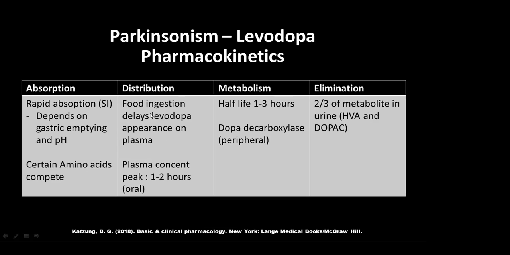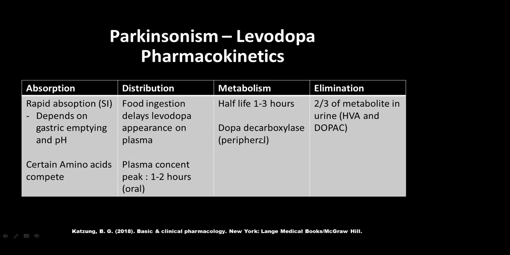Remember that food ingestion delays the appearance of levodopa in plasma. For the metabolism, the half-life is 1 to 3 hours. And for the elimination, two-thirds of the metabolite is excreted in the urine as homovanillic acid and DOPAC.